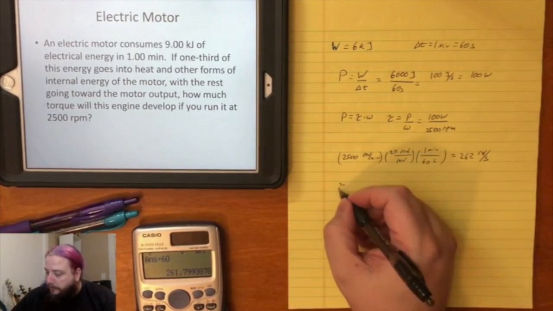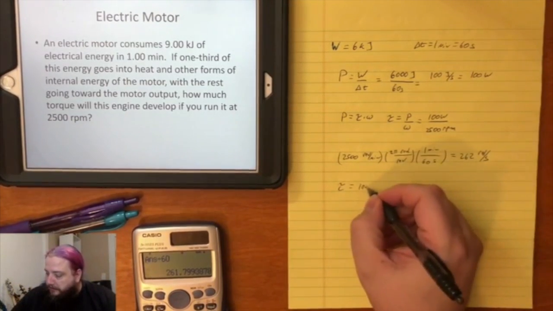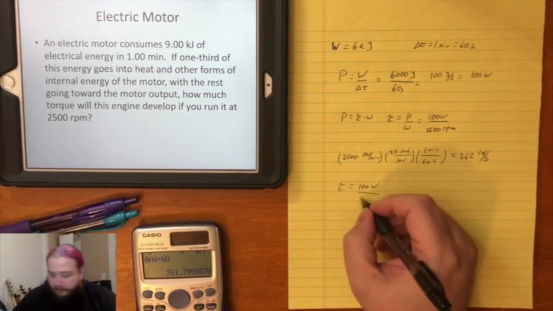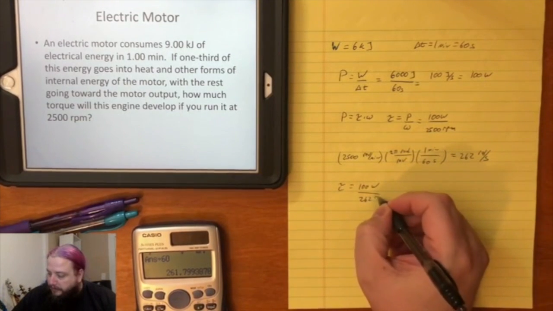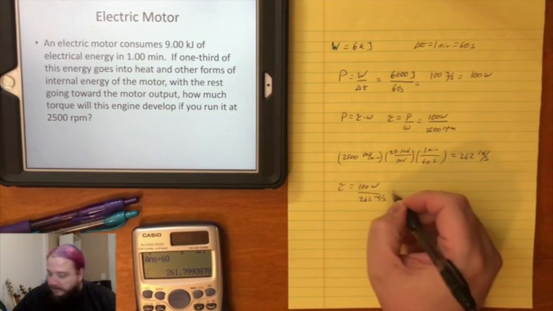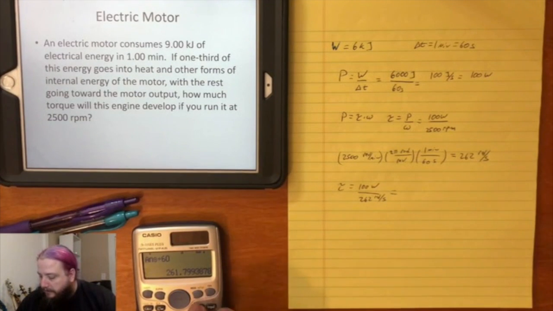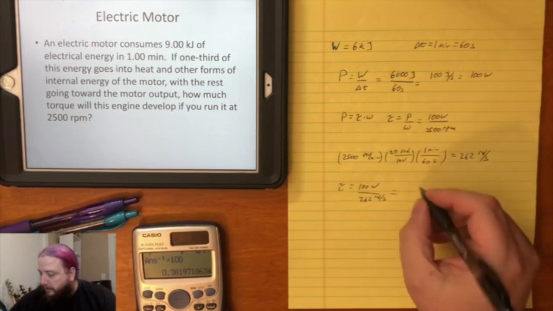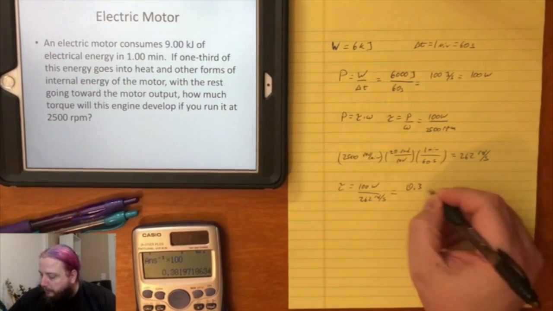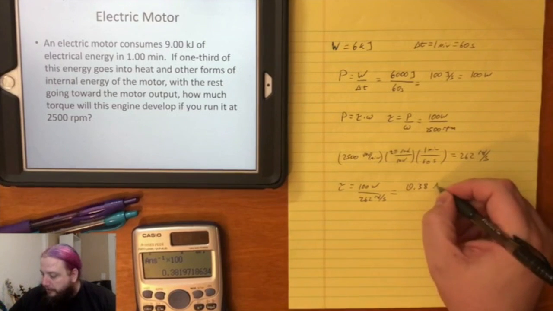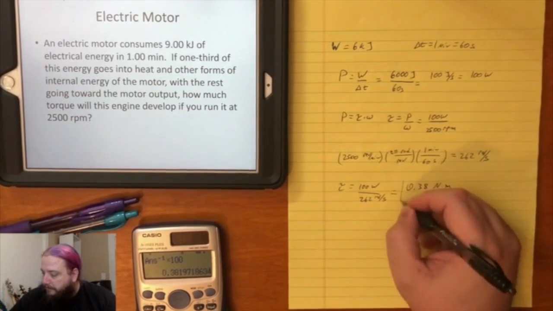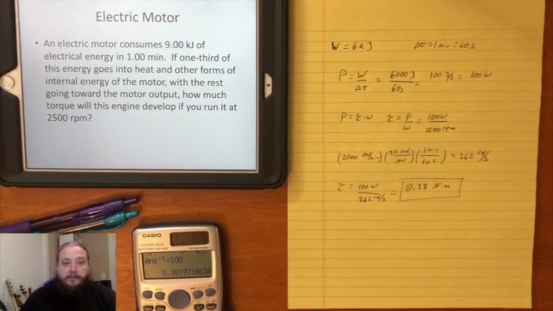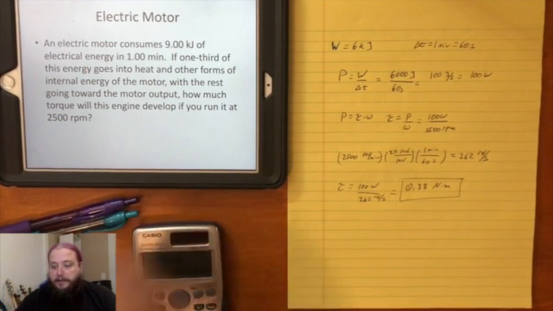And so our torque here is 100 watts over 262 radians per second, or about 0.38 Newton meters. That would be the torque delivered by this motor.